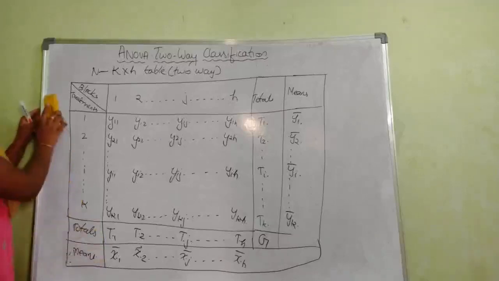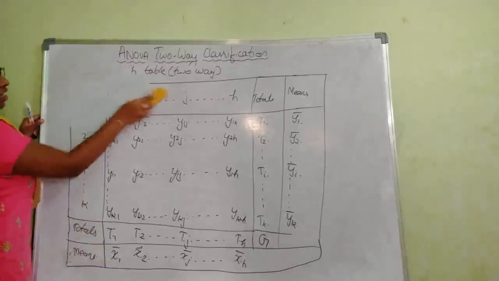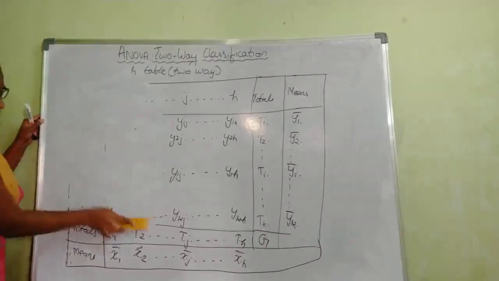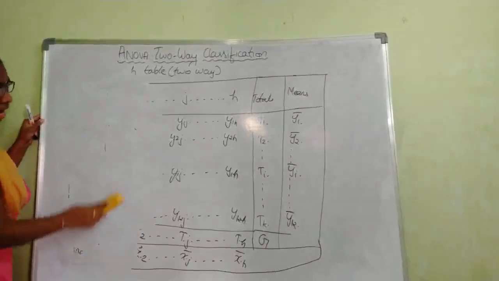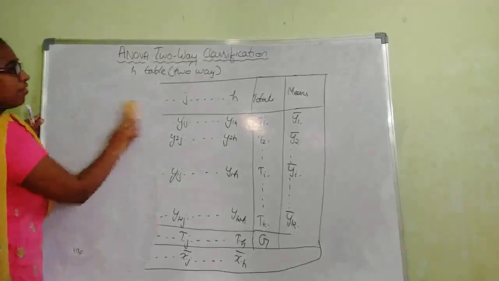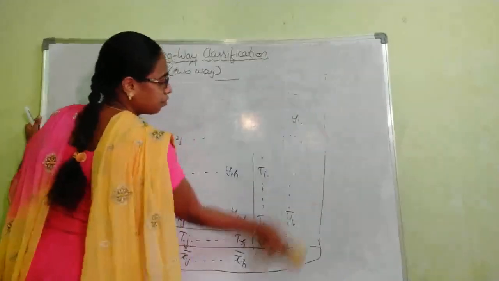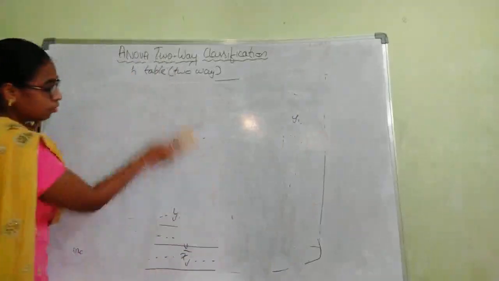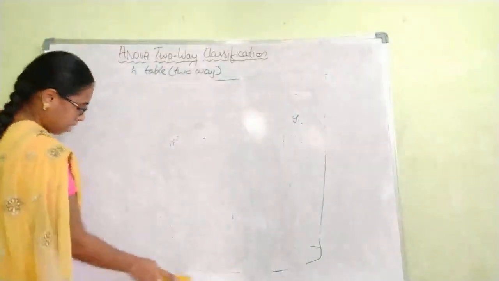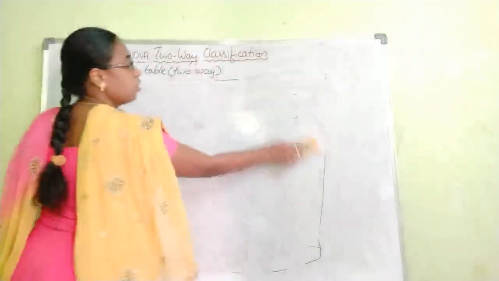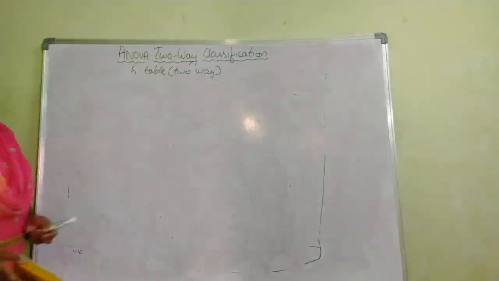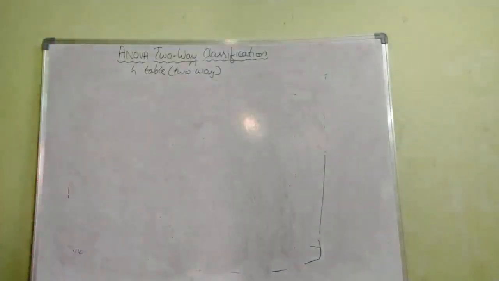So now we have to write about the variation in this. In the last ANOVA one-way classification, how have we defined the variation? The variation is of two types: the variation between the treatments and also the random effect.